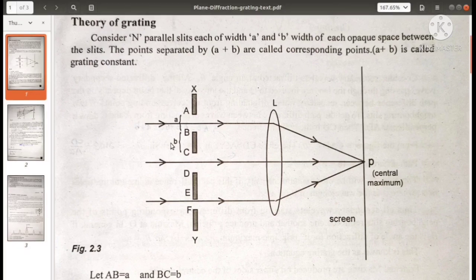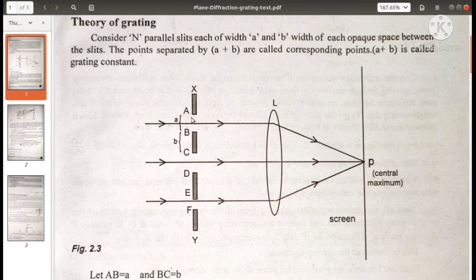This figure represents the grating, in which A, B, C, D, E, F represent the slits. We have already said that a grating is an arrangement of slits. We place the source of light here, and it is allowed to fall normally on these slits.